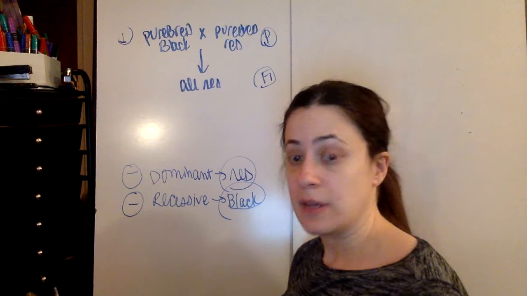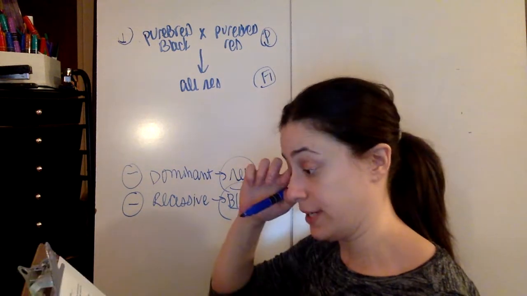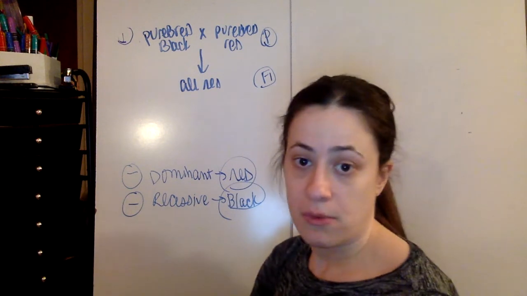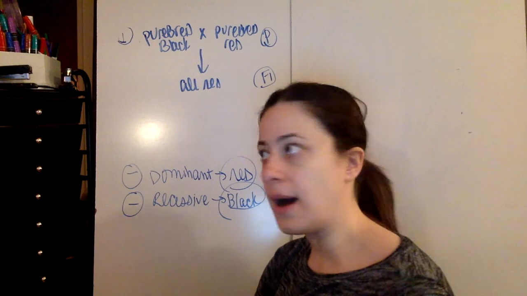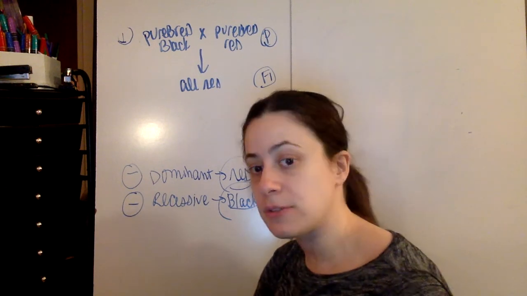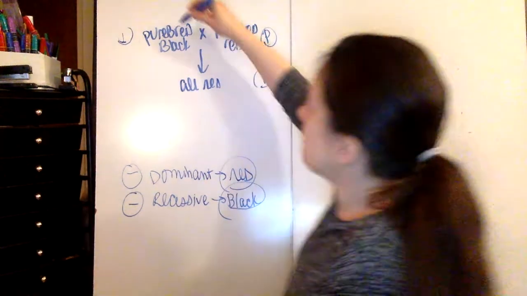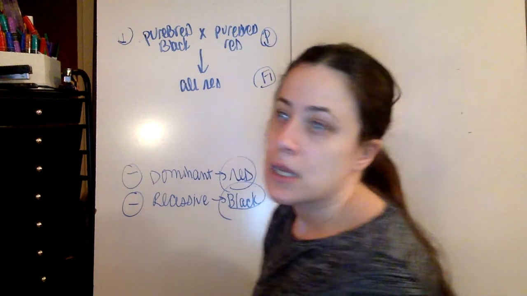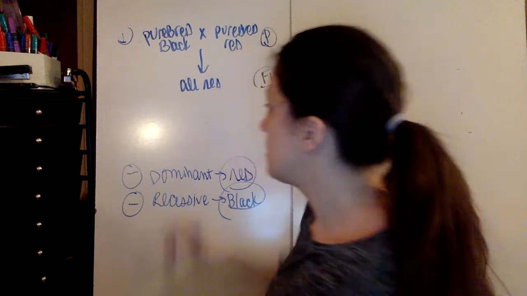But then it asks, what genotype and phenotype ratios would you expect in the F2 tribbles? We have to do a Punnett square in order to get those ratios, but it's similar to what we have done already. If this is a purebred red and this is a purebred black, red must be dominant.